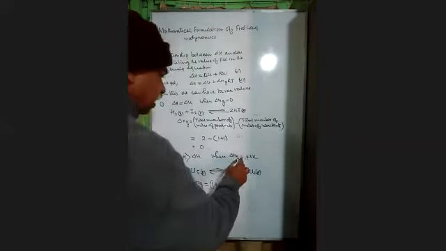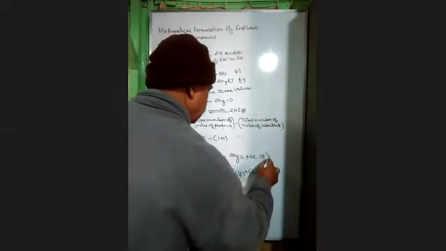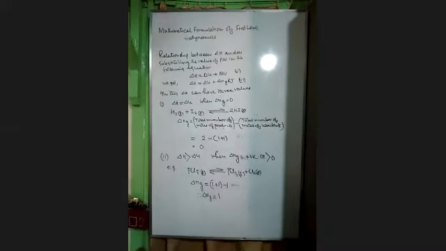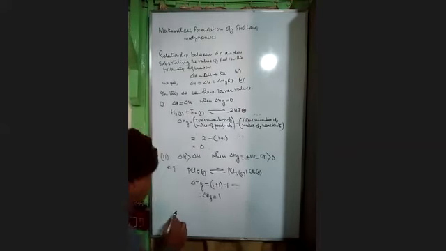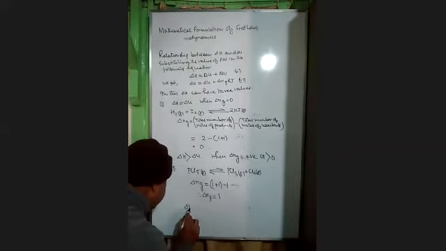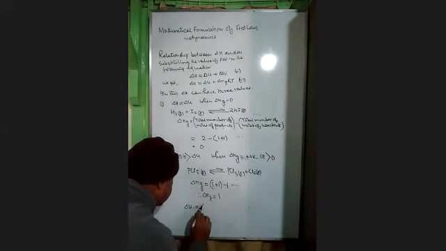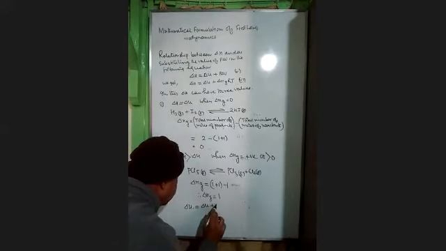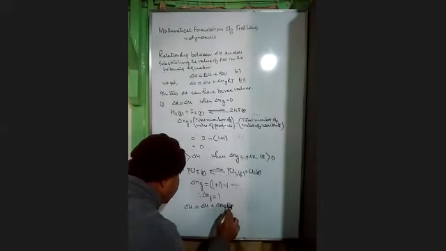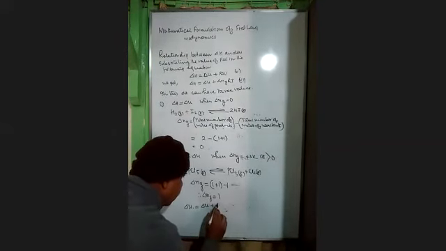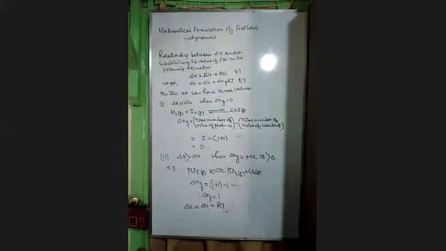Therefore, delta n_g is 1, or greater than 0. So in this case, the equation is delta H is equal to delta U plus delta n_g RT.